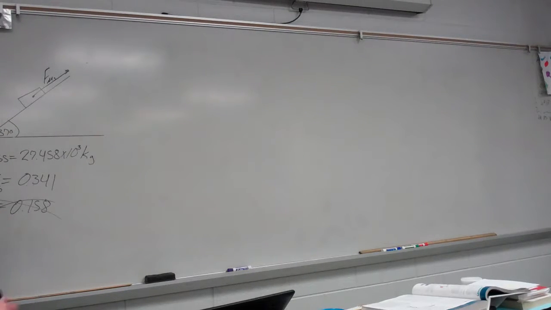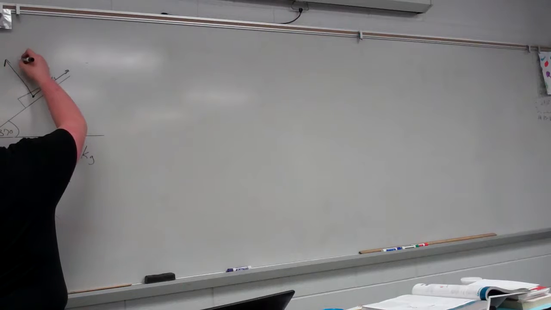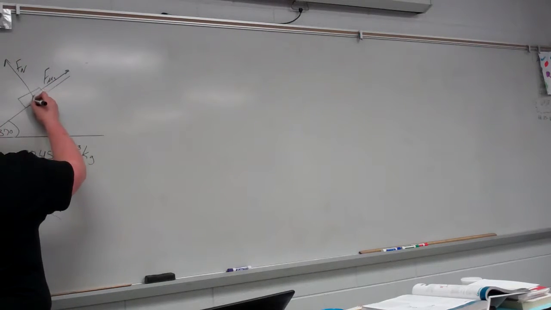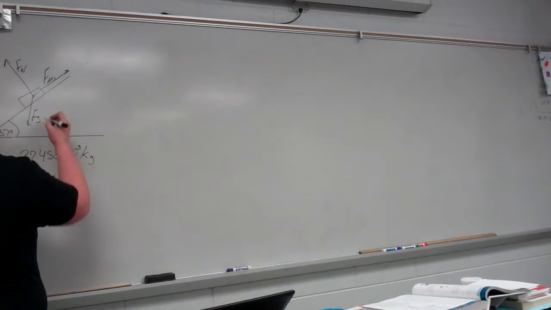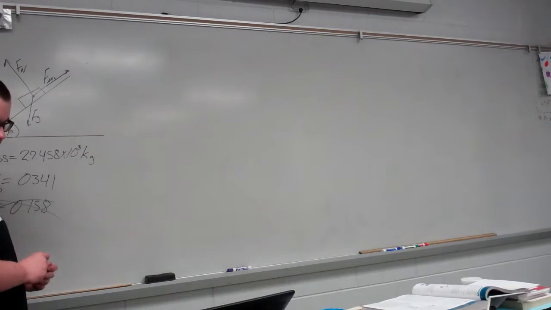From here, I have two other things. I have the normal force, which is perpendicular, and the force of gravity, which points straight down. So I'm trying to figure out if this thing's moving or not.